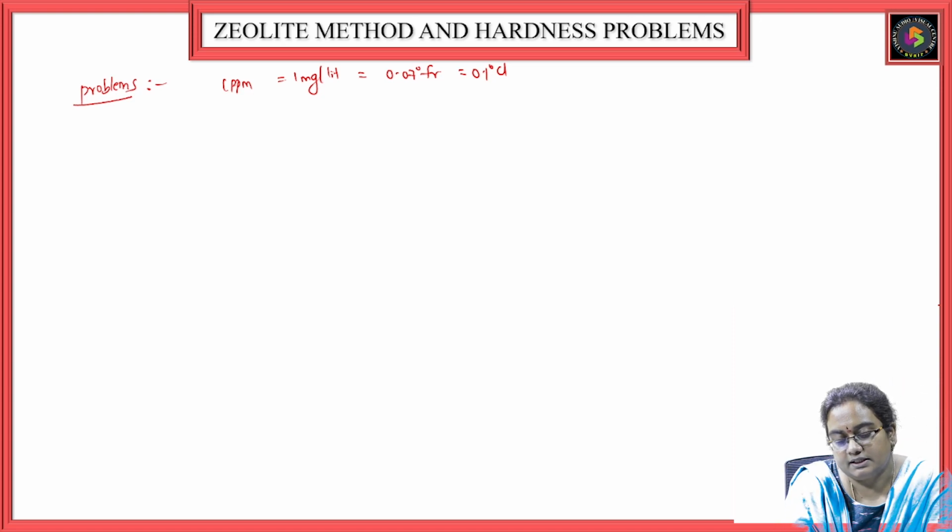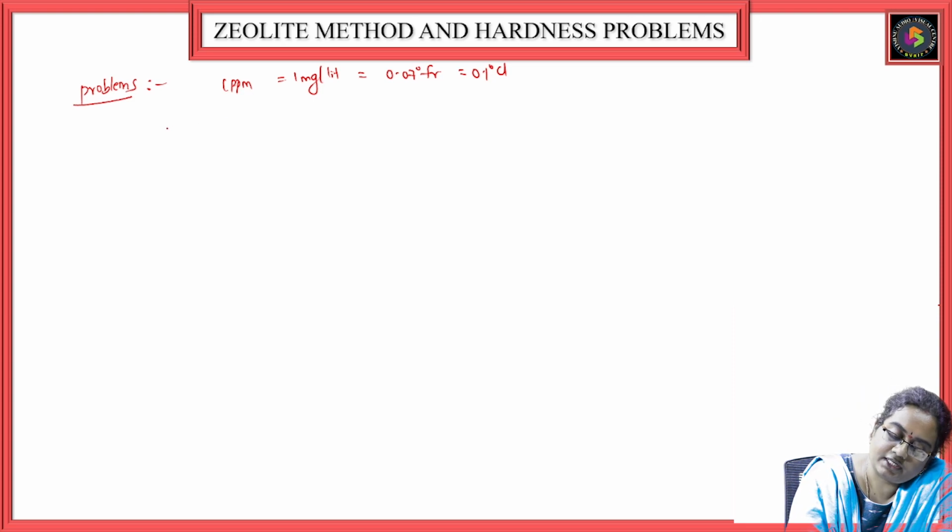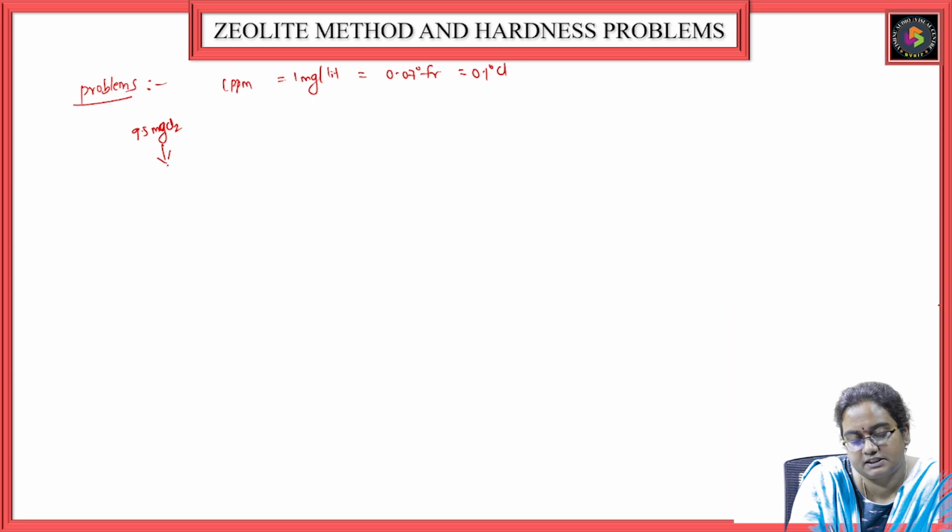Suppose let us consider 9.5 mg MgCl2. It should be expressed in terms of CaCO3. How can it be done?